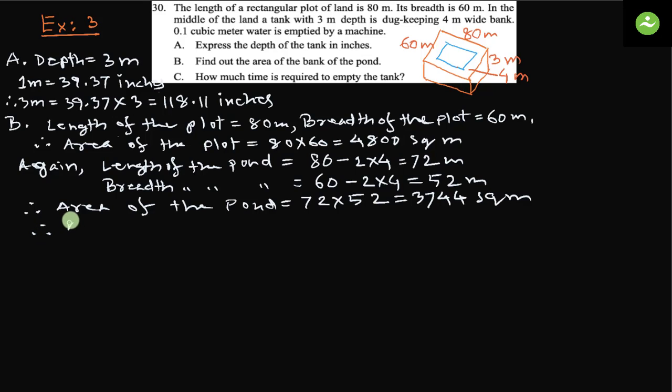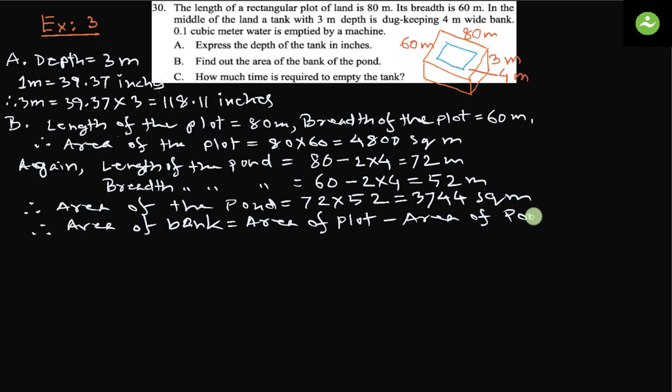Therefore, area of bank equals to area of plot deduct area of pond equals to 4800 minus 3744 equals to 1056 square meter. So B is done. Now C.